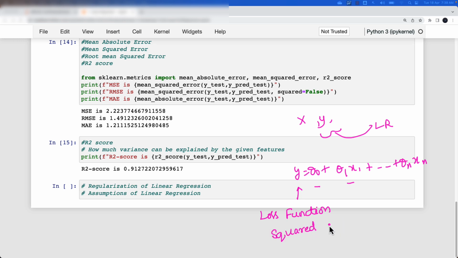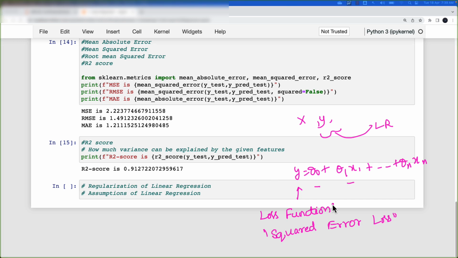By referring to this value, the system is going to decide how it has to update the values of theta. So it will find the values of theta naught to theta n such that this squared error loss is minimum.